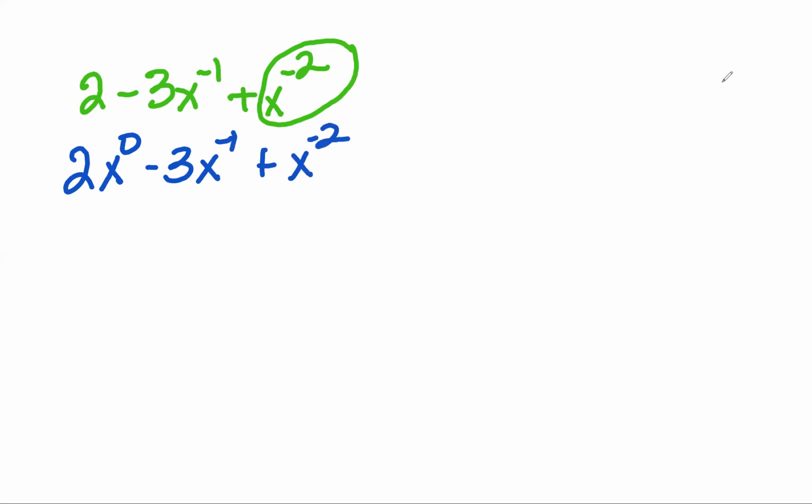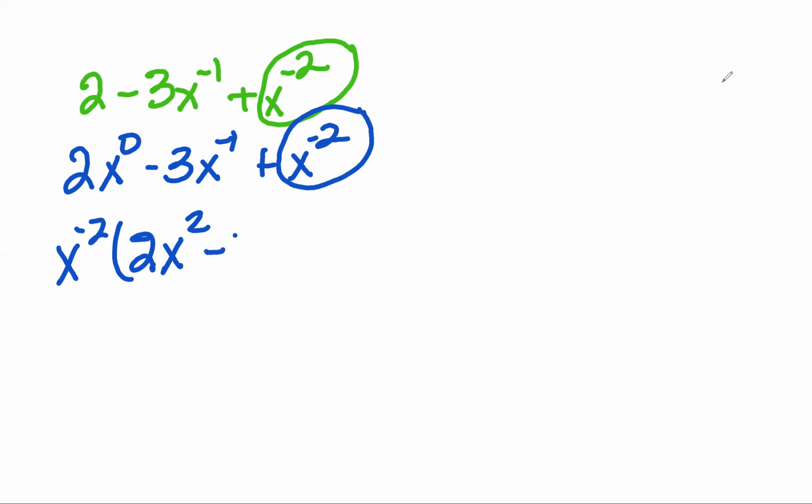Working with that, I know still that the negative 2 is the lowest one, so factoring that out, 2, 0 minus negative 2 would be squared, minus 3, 1 minus negative 2 is to the first, and then negative 2 becomes a plus 1.